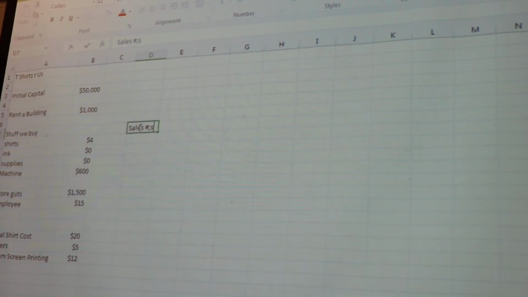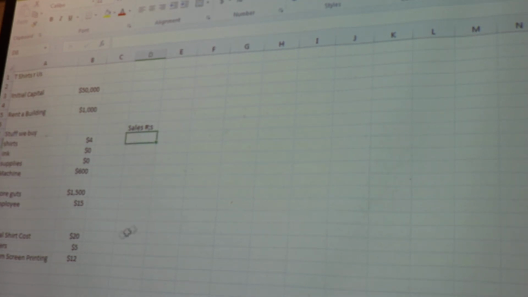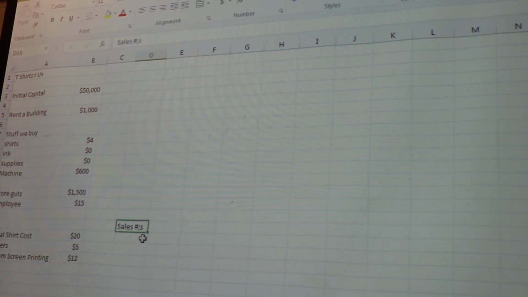All right, so sales numbers. Our first month in business, we think we're going to sell how many shirts? Oh, we don't even have sales on here yet, do we? Sales $20 there. That's the one I actually want, sales numbers. So how many shirts do we think we're going to sell the first month? Probably less than future months unless you do a grand opening.